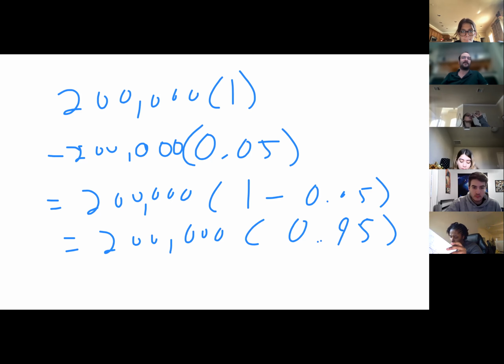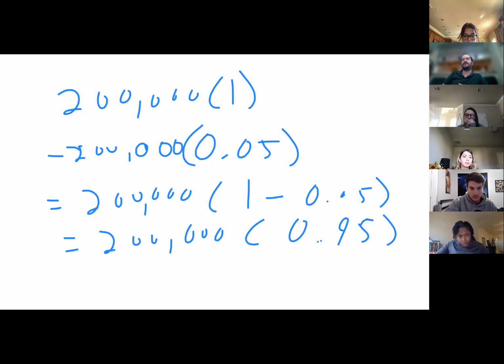This is like when we figure out prices. If I'm taking 20% off a price, I'm paying 80% of the price of that object, right? It's the same thing. I'm decreasing by 5%, which means each time I'm taking 95% of that object.